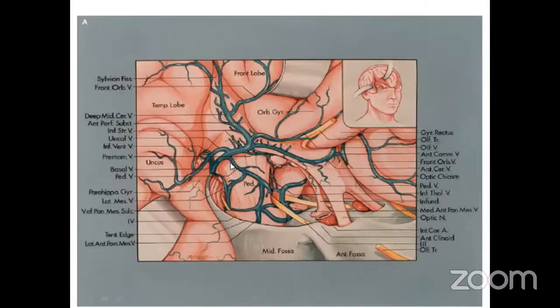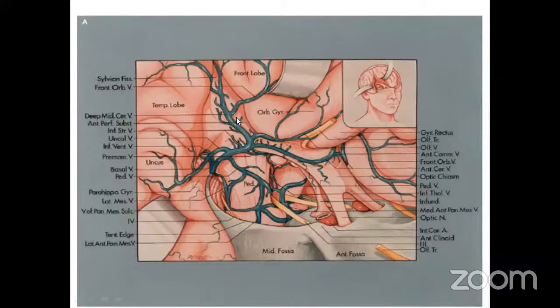In this image, we can see the basal vein. The basal vein is the most important vein in the cisternal group of ventricular veins. So here we can appreciate the basal vein and the important tributaries that drain here in the basal vein are the deep middle cerebral vein and anterior cerebral vein.